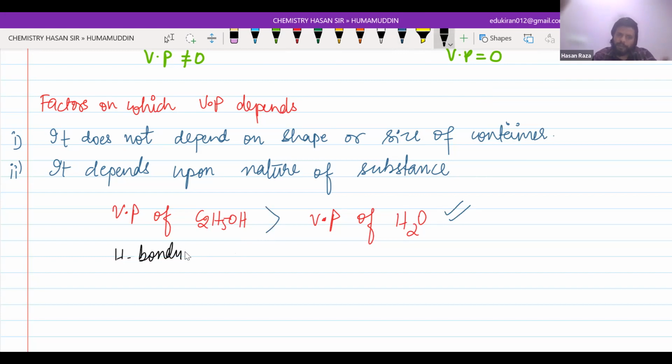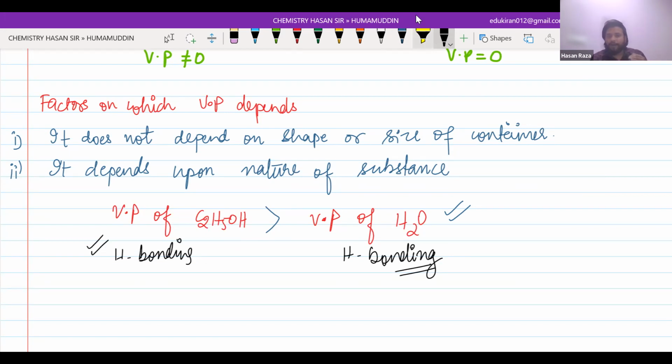Hydrogen bonding is in both of them, but the hydrogen bonding present in water is higher than the hydrogen bonding in C2H5OH, ethanol.